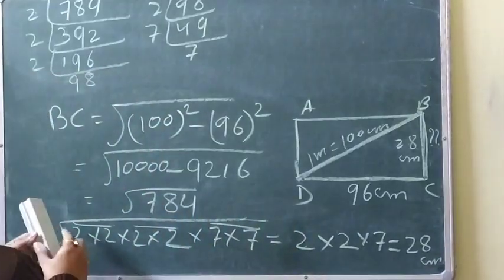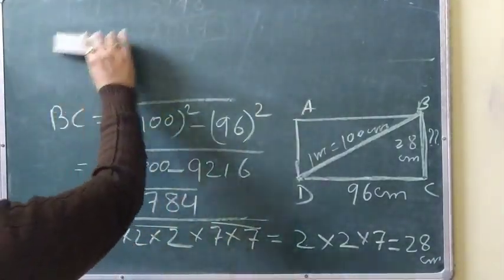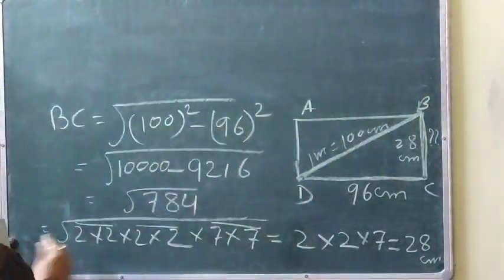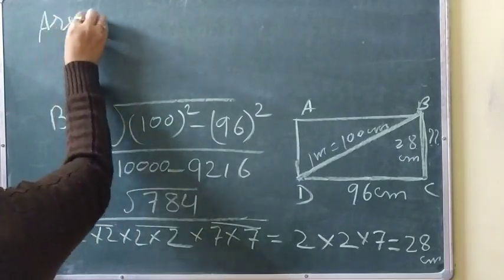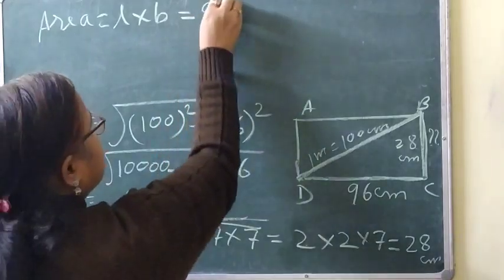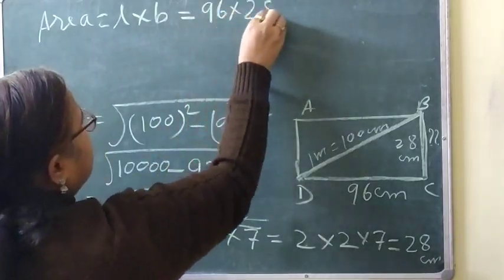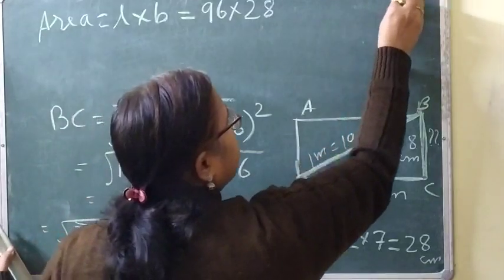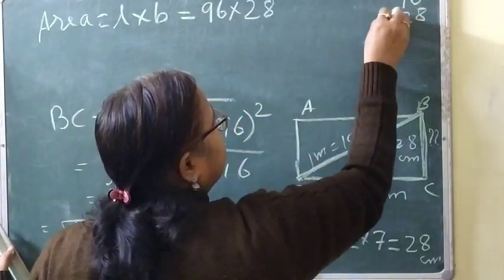What you have to find out? You have to find out the area. Now I am going to rub this one. Okay. So now area will be equal to what? Area is equal to length into breadth. So 96 into 28. So now let's multiply 96 and 28.